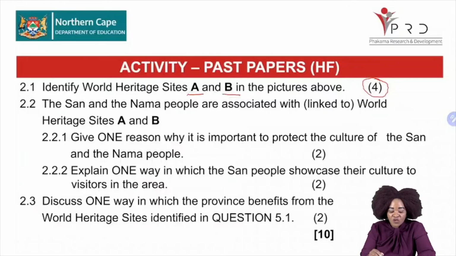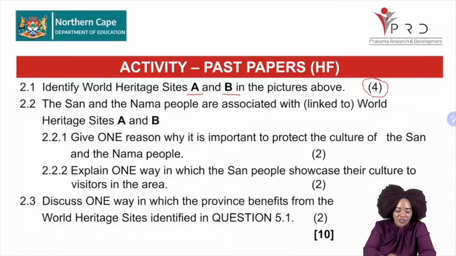You must make sure that you identify them correctly. And you can see on the map, there is also the 2 World Heritage Sites on the map and the pictures. So it means that if you're looking at those 2 pictures, you are able to see which one is which between the 2 World Heritage Sites in the Northern Cape. 4 marks is a lot, grade 12 learners.